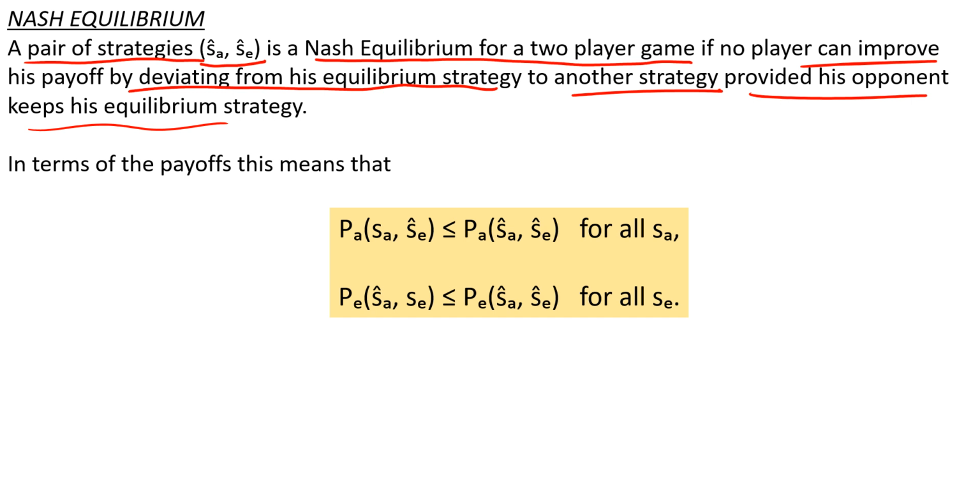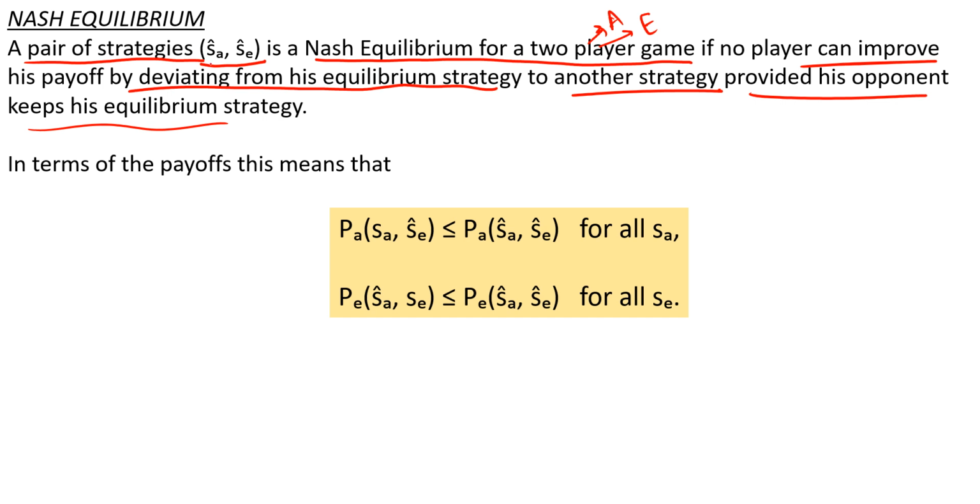So we are simply saying that, for a two-player game, let's suppose the two players are A and E, a strategy is a Nash equilibrium if and only if no player has any incentive to deviate from that strategy, provided the other player sticks to its Nash equilibrium strategy.